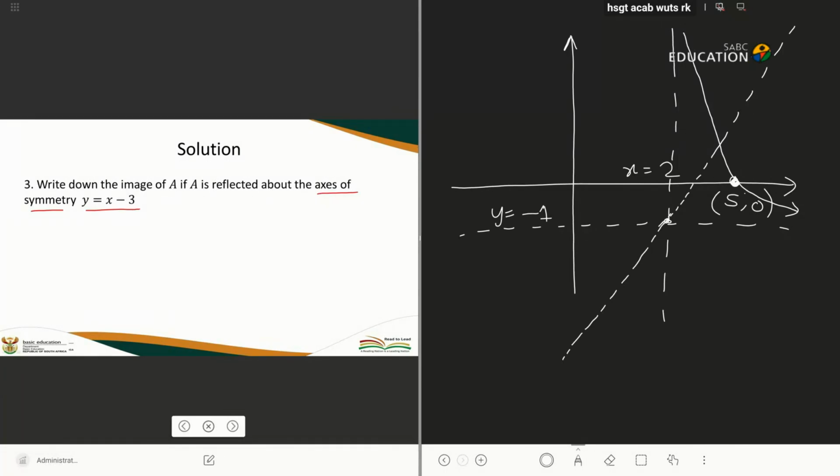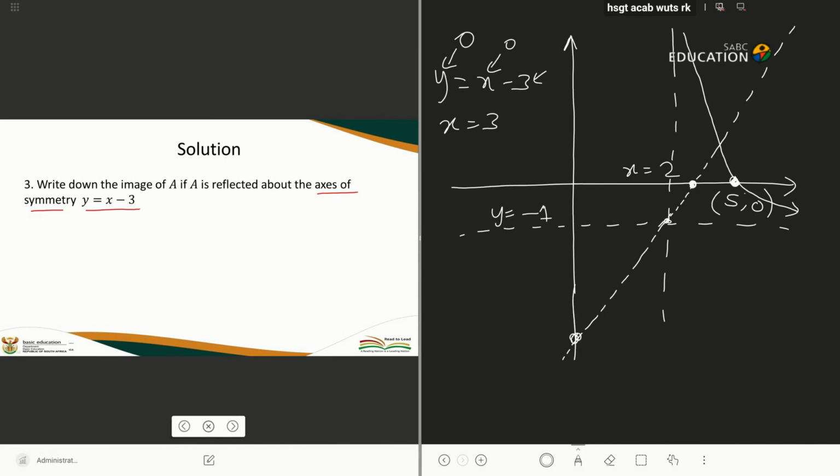So now, since the equation is y equal to x minus 3, the x-intercept, if you let y equal to 0 and you solve for x, you find that x equal to 3. So that is your x-intercept, which is (3, 0). The y-intercept, if you let x be equal to 0, you find that your y-intercept is going to be negative 3.